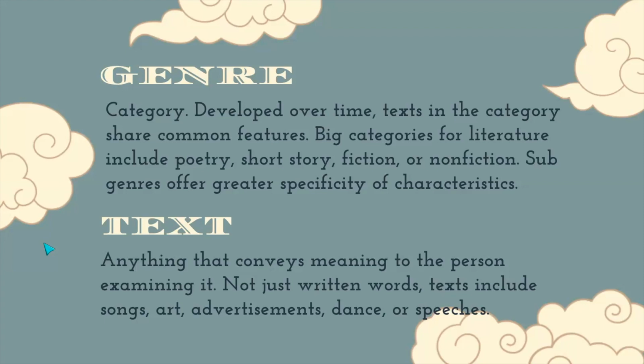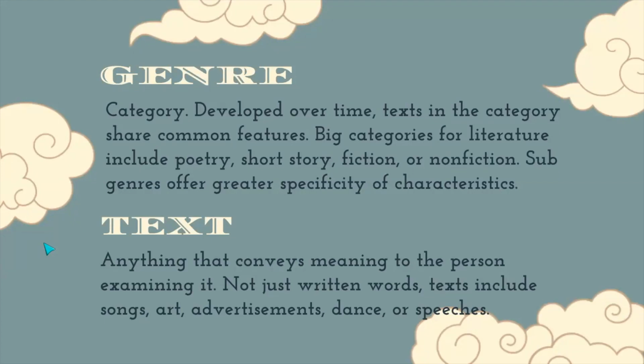And so this particular feature might allow it to be in this category. Oh, but it also allows it to be over here because it has this other feature. And so you might find that some texts live in more than one genre.